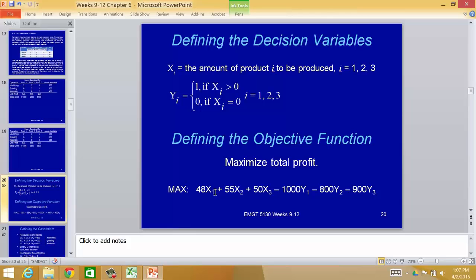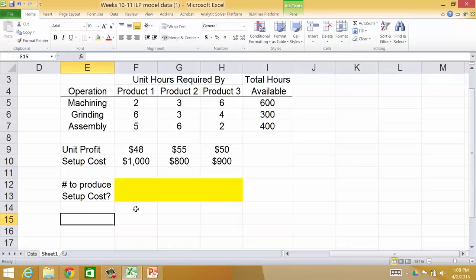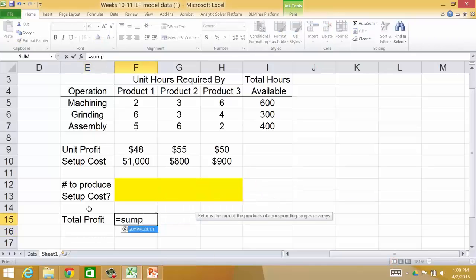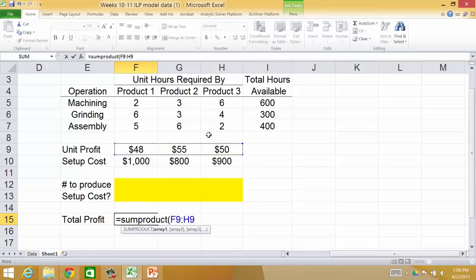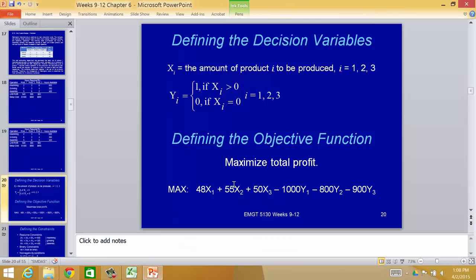Okay, next we'll look at the objective function. We're going to maximize the profits, subtract the setup cost. Both parts represent some product of the units, the coefficients, and your decision variables. So here we'll say we want to maximize the total profit, and the total profit was calculated by using sum product of the unit profits with the xi's representing the first section.